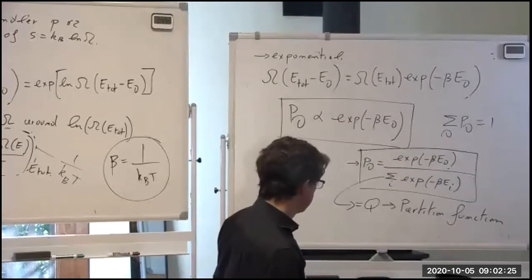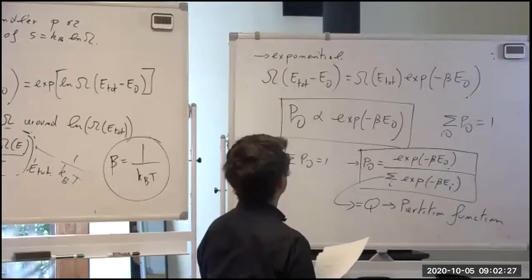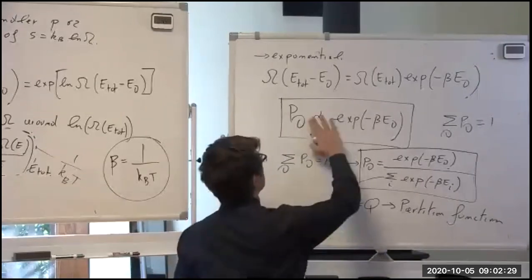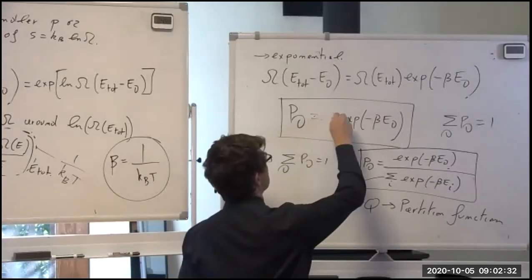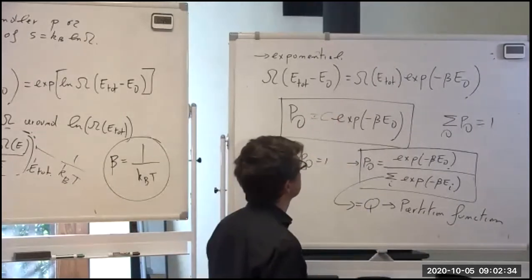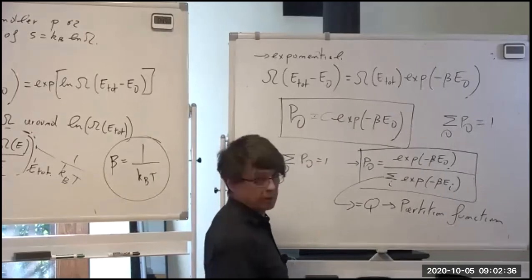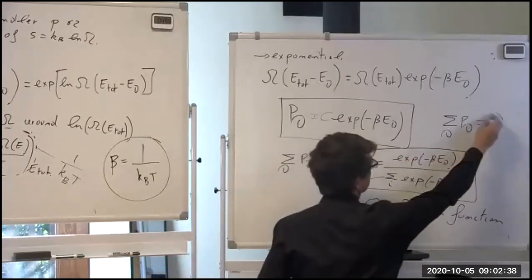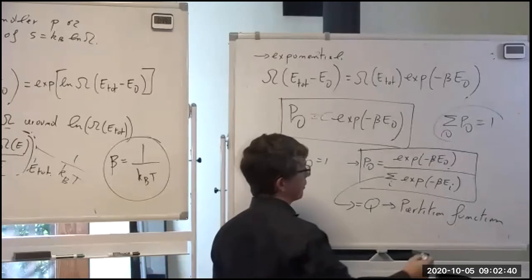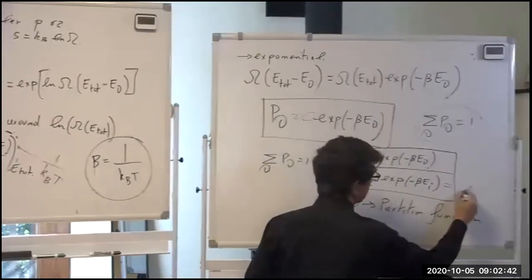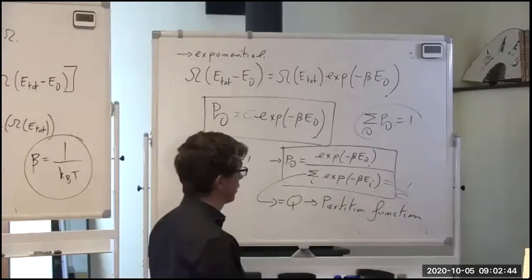So I could write this as the probability equals some constant times the exponential. And then I require that the sum of the probabilities equals 1. So I would find that this here is 1 over C, that constant.